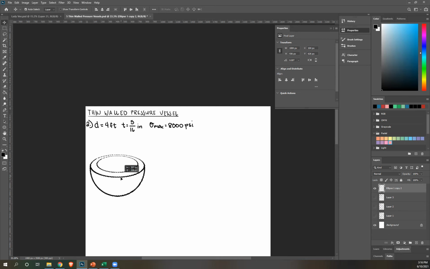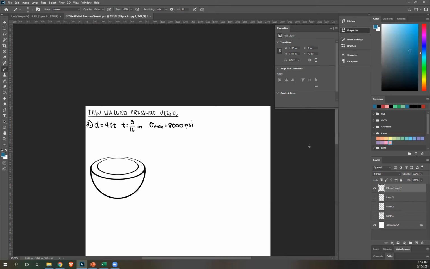Remember again, the goal is to get maximum pressure allowed given maximum stress that this spherical tank can experience. To derive, recall, we have force because of the pressure being experienced by the tank. So this is your force from the pressure inside the tank.